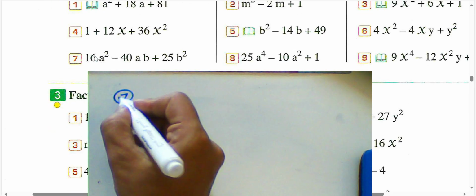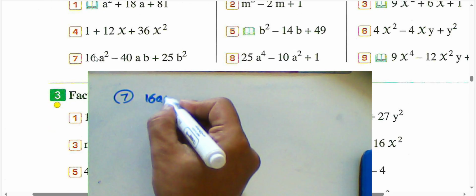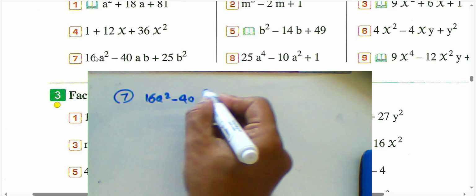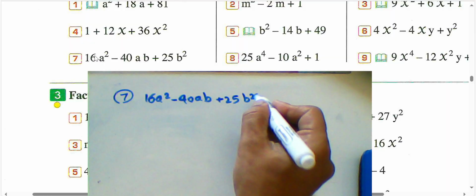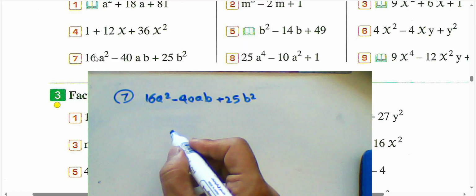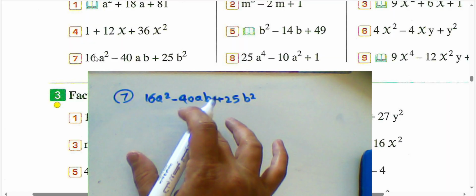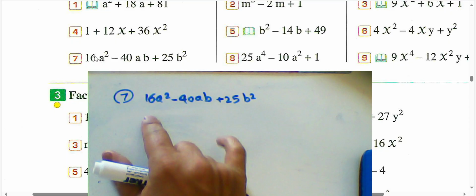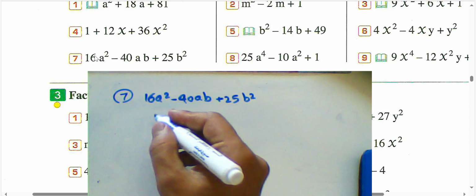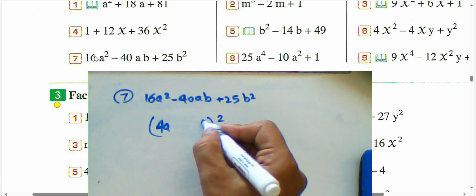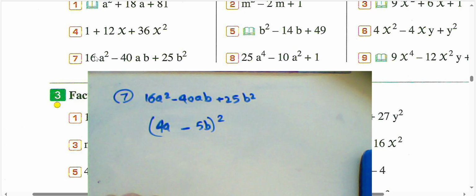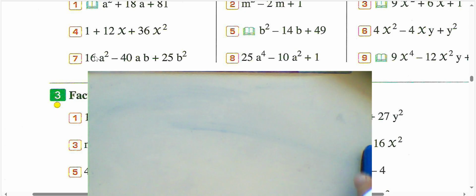Number 7: 16a² − 40ap + 25p². We have the square root of the first and the third, and the middle is 2 times 4 times 5, which equals 40. This expression is a perfect square. The square root of the first is 4a and the third is 5p, and write the negative between them, like the sign.